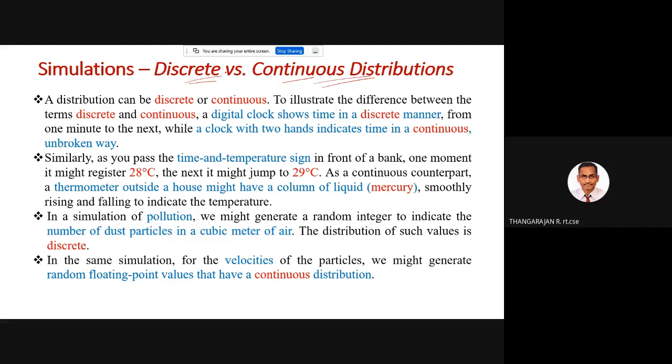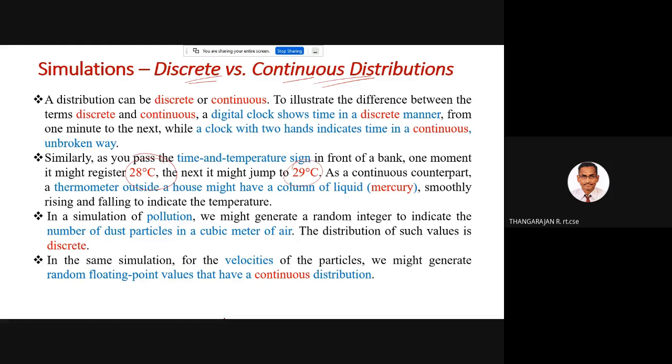So processes in nature are continuous, but when you imitate the same process on a computer, it becomes discrete. So we have discrete versus continuous distributions. One example is temperature. A digital thermometer will say 28 degrees centigrade and suddenly 29 degrees centigrade.